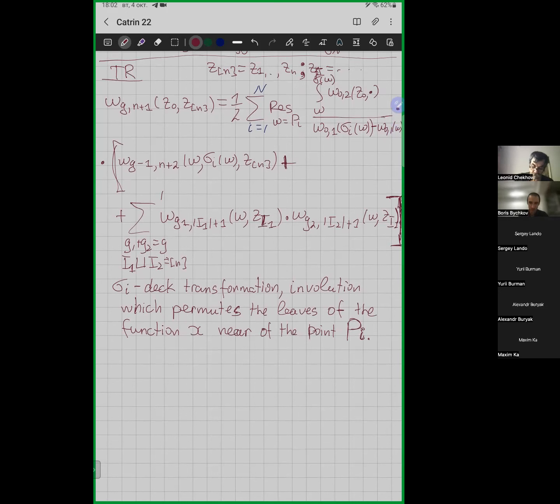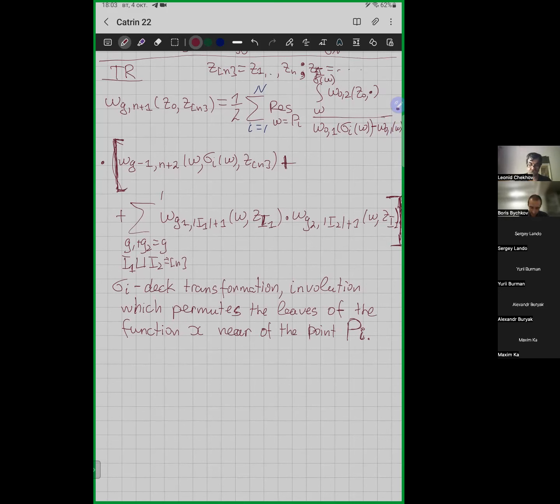I think I need one or two more minutes and I will stop. So you see here this huge formula and this strange residue, but I hope I'll explain something tomorrow.